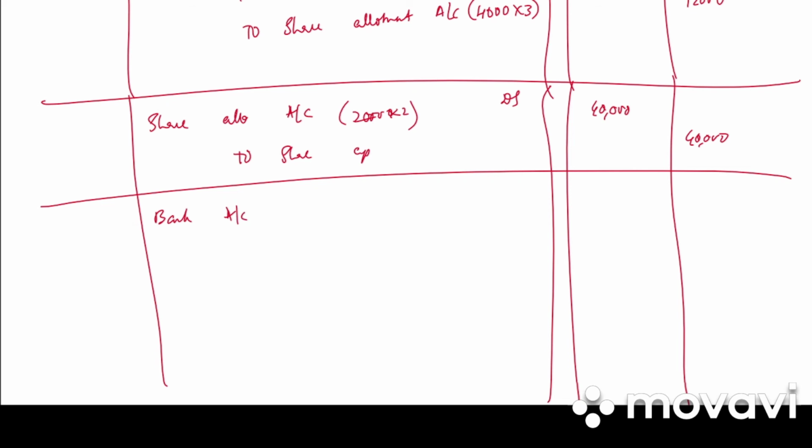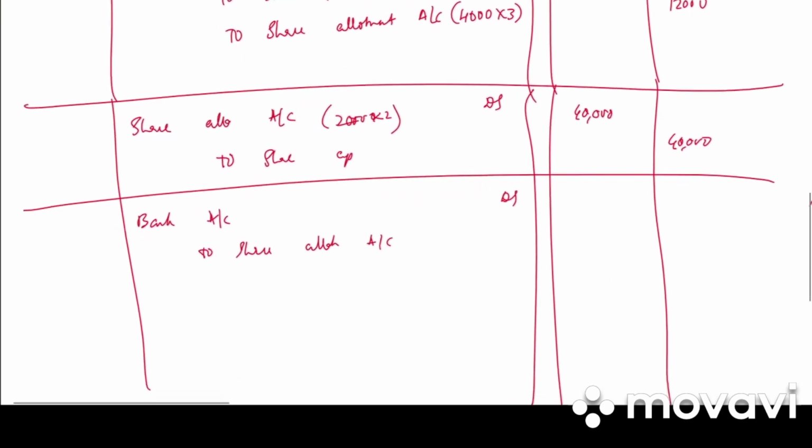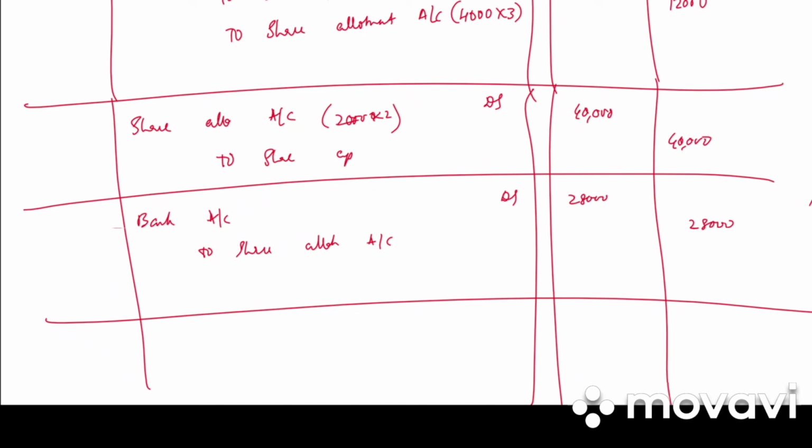Next we have bank account debited to share allotment account. Out of 40,000, 12,000 has already been adjusted towards application. So what is remaining? 28,000 debit, 28,000 credit. Write the narration: allotment money received.